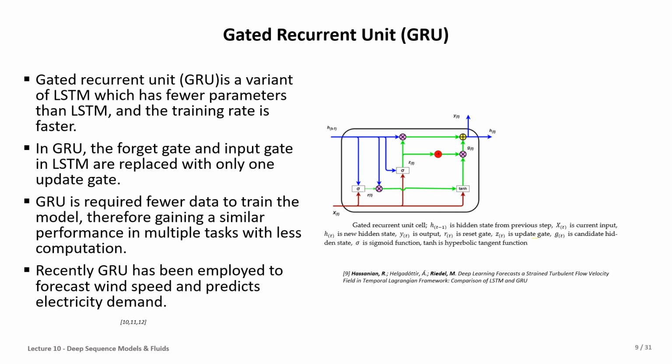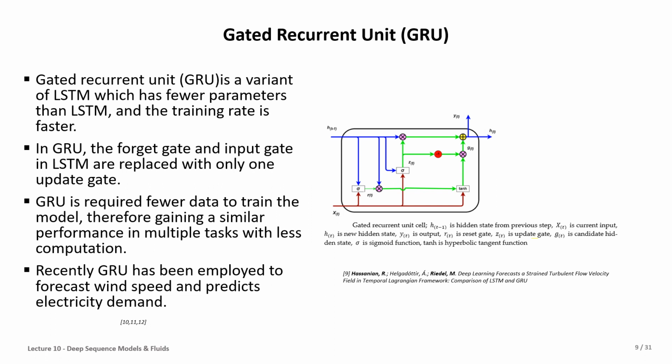Another network from deep learning, which is a variant of the LSTM, is called gated recurrent unit. It's the next generation of the LSTM, which from the literature seems to work with fewer parameters than LSTM, so its training rate is faster.